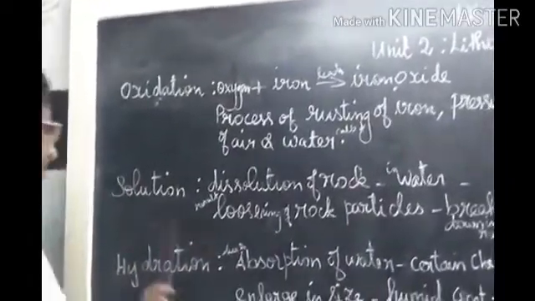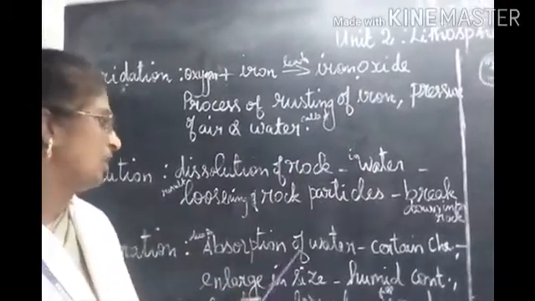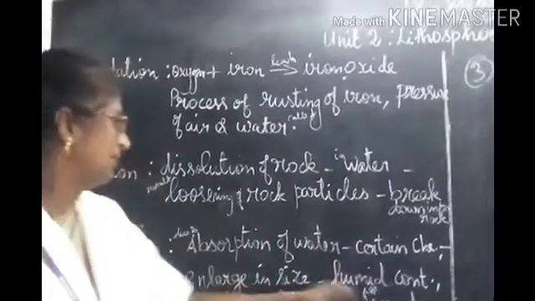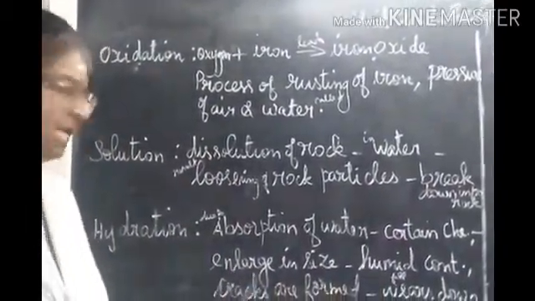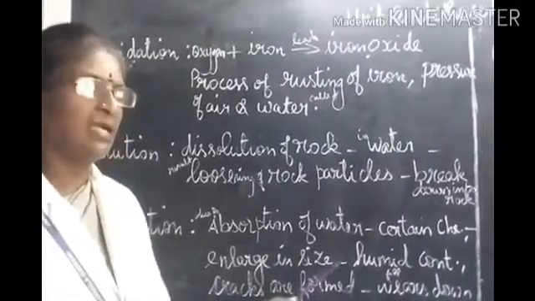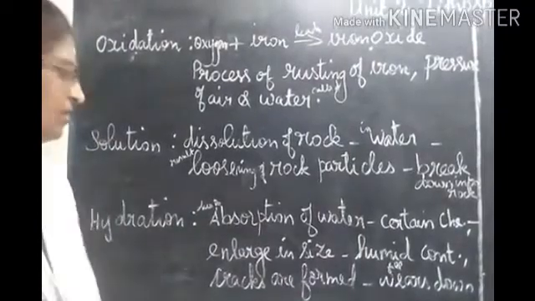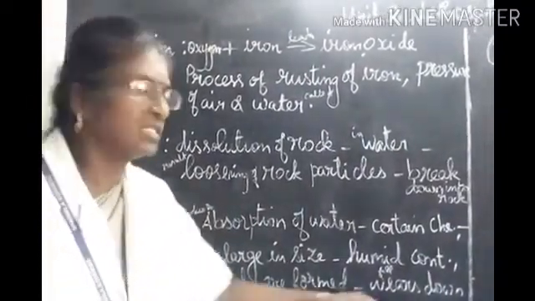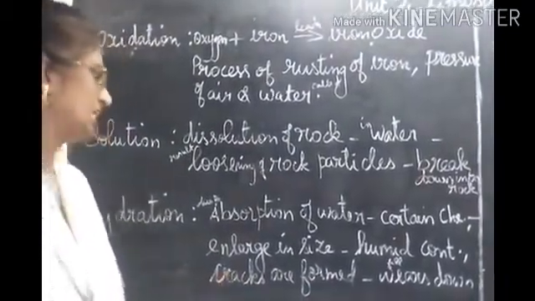Hydration means that due to the absorption of water, the water is absorbed in the rock. When water is absorbed, certain chemicals will enlarge in size, and because of this humid condition, cracks are formed and the rocks wear down. Wear down means it falls down into loose materials.